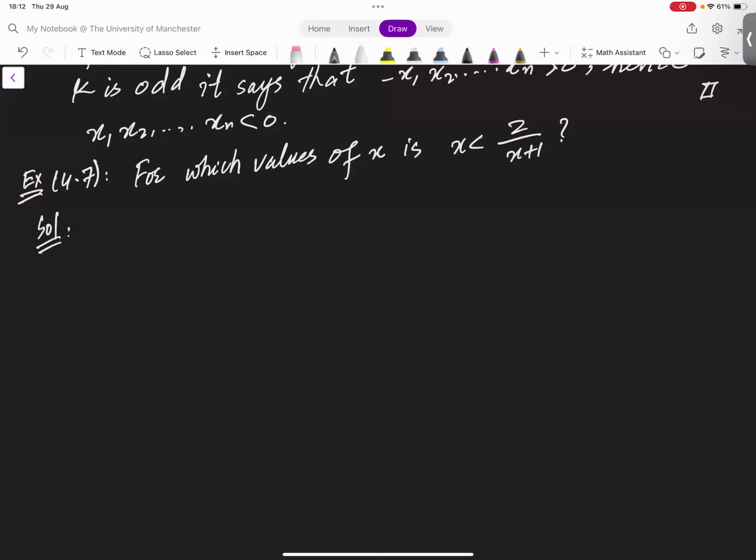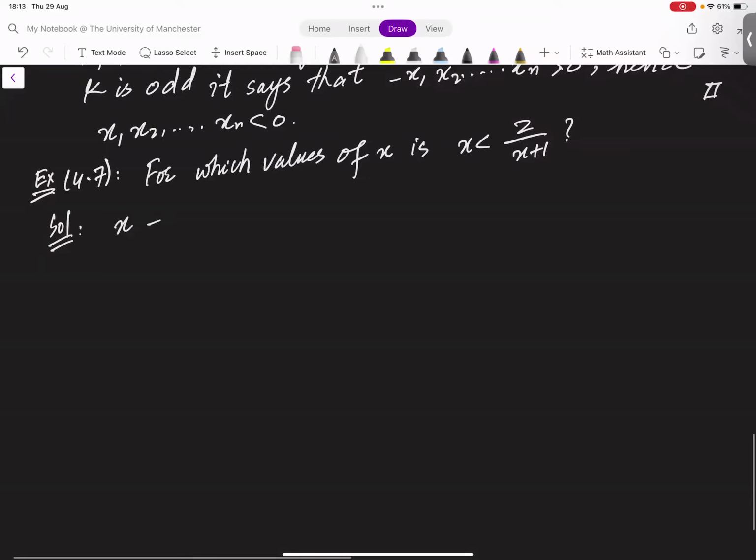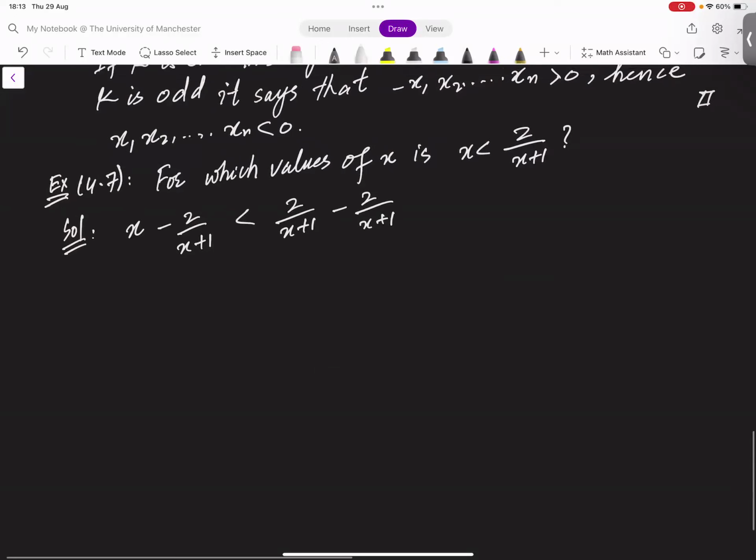First, a word of warning: we cannot multiply both sides by x plus 1 as this may or may not be positive. So we'll proceed more cautiously, subtracting 2 over x plus 1 from both sides, which gives x minus 2 over x plus 1 less than 0.